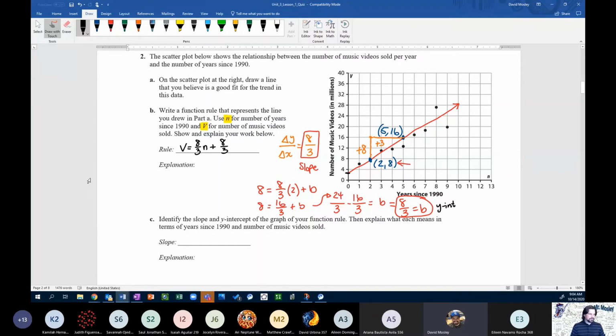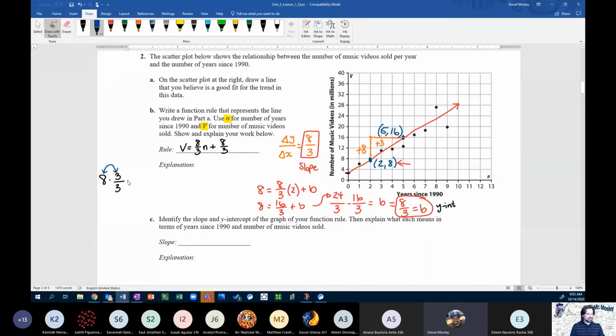To do that, if I need 8 to turn into some fraction over another number, I take 8 and I multiply it essentially by 3/3, which is just 1. When I multiply a number by a fraction, the number multiplies by the numerator in the fraction.